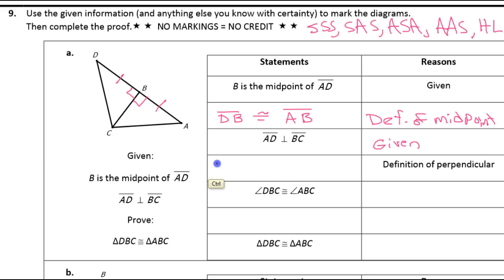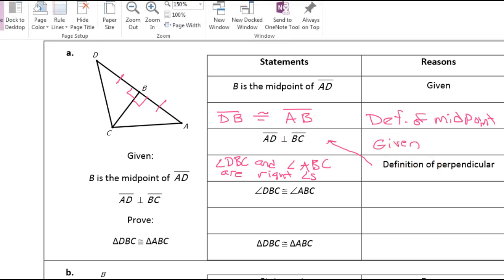So we will say angle DBC and angle ABC are right angles, and that's just the definition of perpendicular. Again, if you want to know the reason, look at the previous statement. Perpendicular, definition of perpendicular. That's very common.